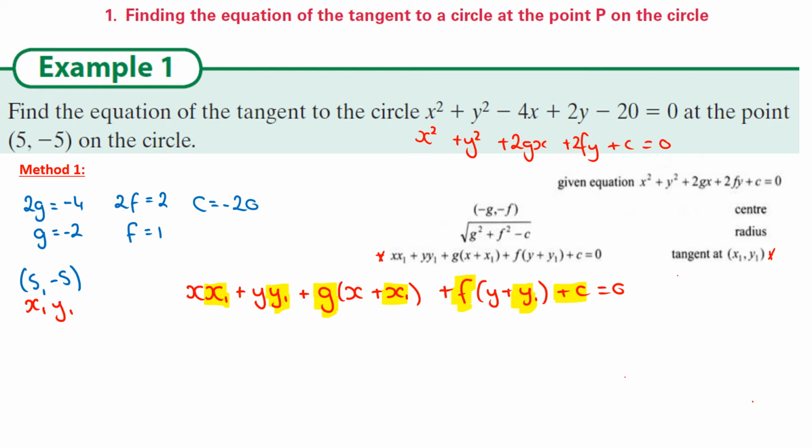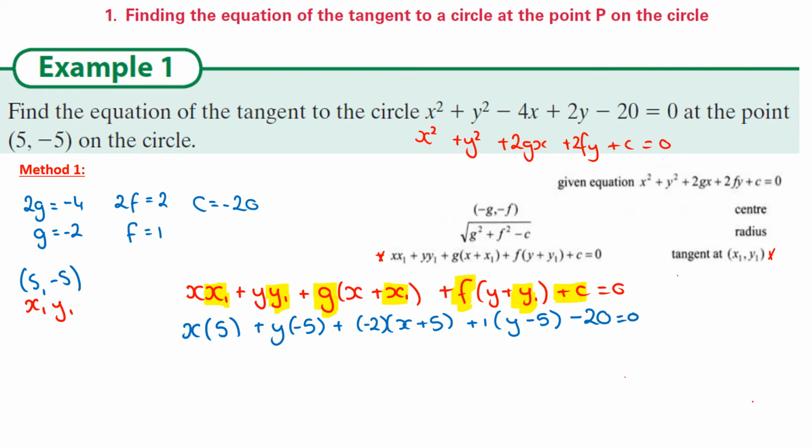So let's go with our substitution. So we get x times 5 plus y times minus 5 plus minus 2 times x plus 5 plus 1 times y minus 5 minus 20 equals 0.